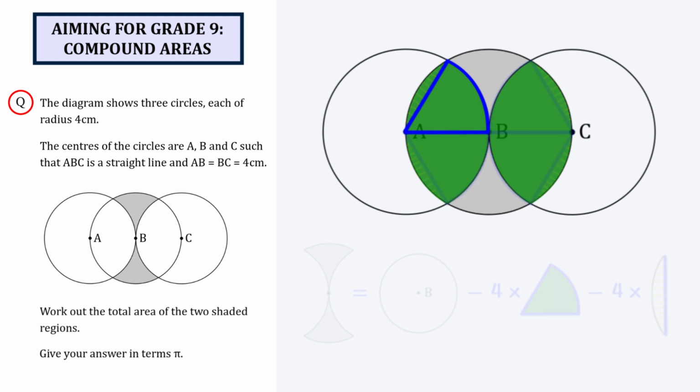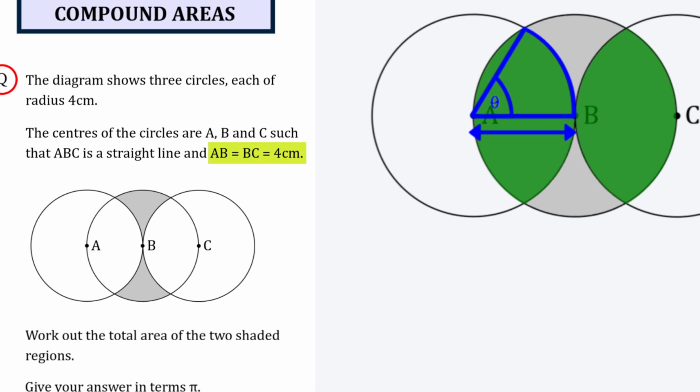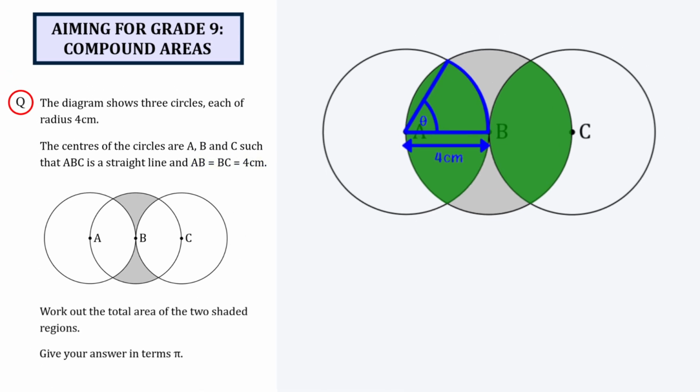So let's first find the area of one of these sectors. To do this, we need to know two things: the sector's angle and its radius. And we've already been given its radius because the question states that AB is equal to 4 centimeters. So we just need to find its angle. And to find its angle, notice that we can create a triangle from the sector.